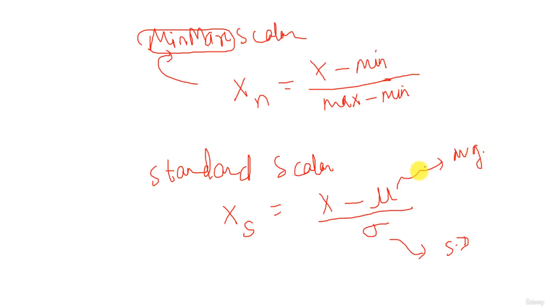So this is the average value and this is the standard deviation. This is the data that needs to be standardized. So this way we can use these two algorithms in order to make our input into some standard scale, which will eventually increase the efficiency and accuracy of our machine learning algorithm.